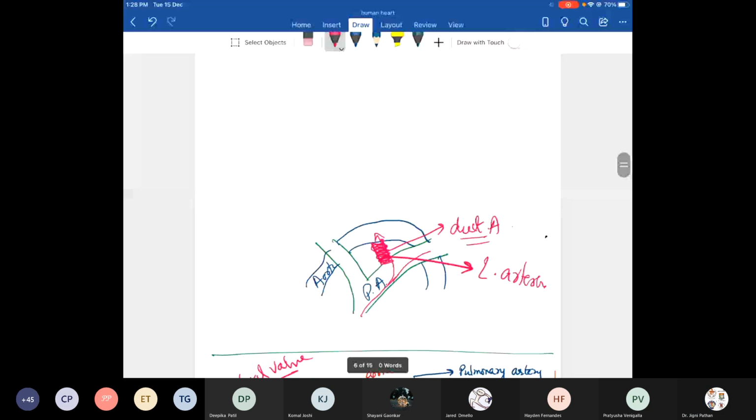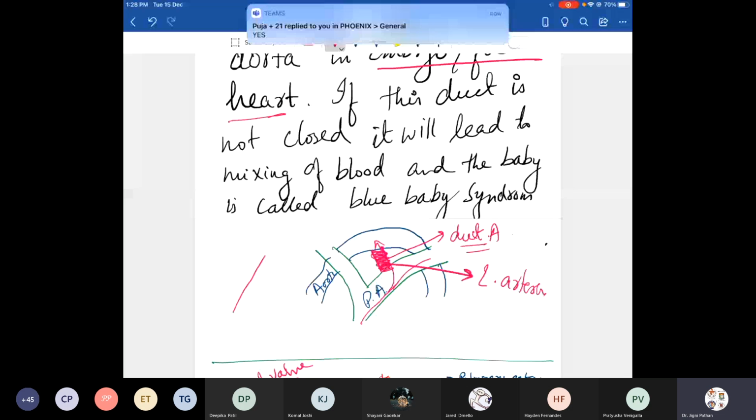Ramachandra, listen. This is the pulmonary artery, right? Which is arising from the right auricle or ventricle?